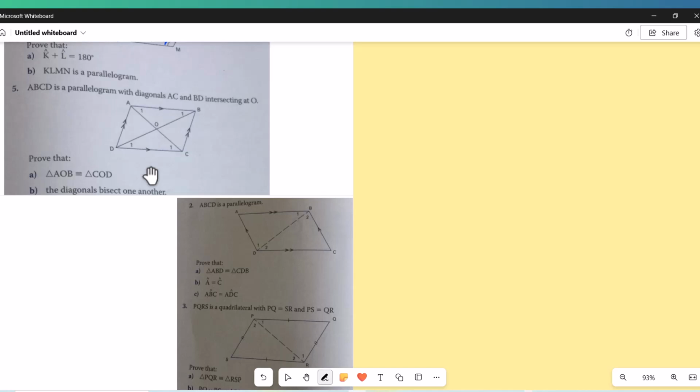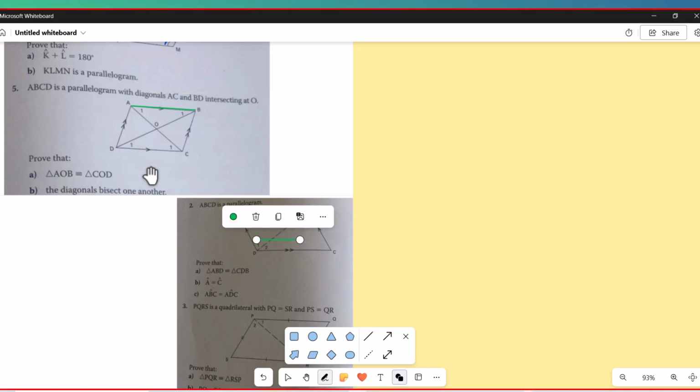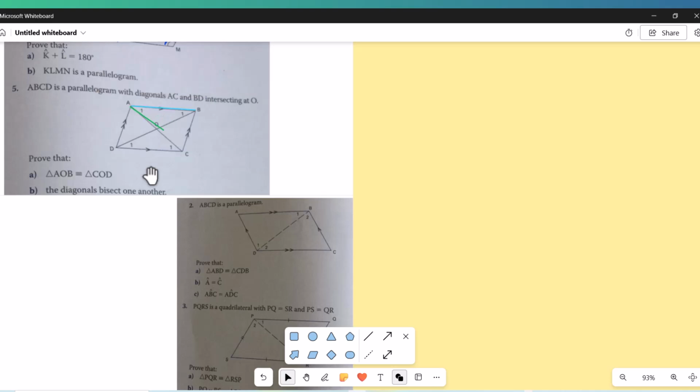Okay. Let me highlight those triangles they're talking about here. This is our triangle AOD here. This one I'm putting in green here, so you can see it properly.